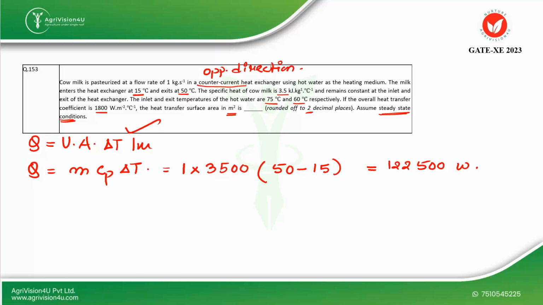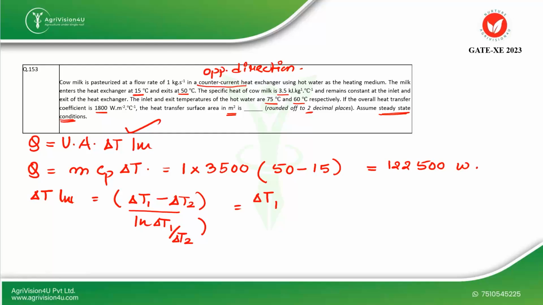Now we have to calculate the logarithmic mean temperature difference, delta T Lm. That is delta T1 minus delta T2 by ln of delta T1 by delta T2. How do we calculate delta T1?